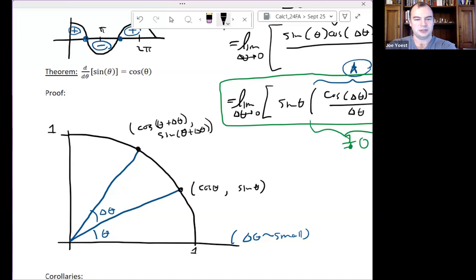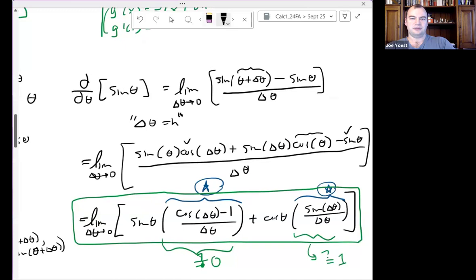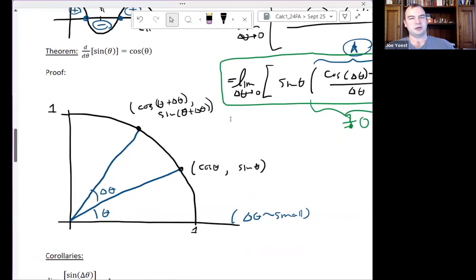Okay, so I'm starting to see my sine of theta plus delta theta minus sine theta popping up here. I can imagine drawing a horizontal line from my top left point over to where it ends just vertically above my bottom right point, and then coming down at a 90-degree angle.